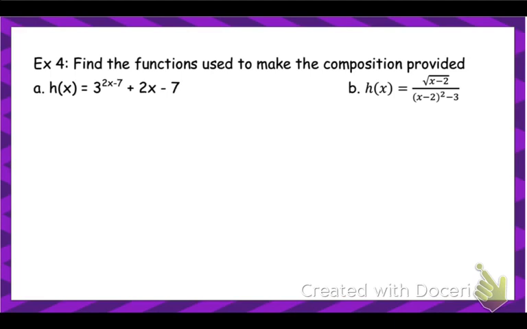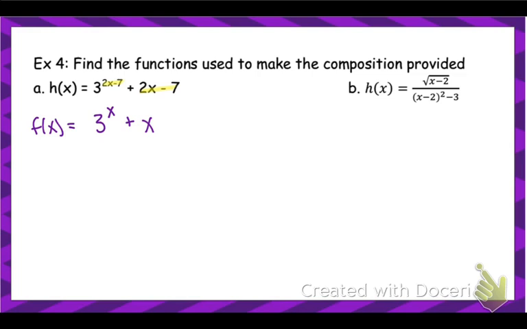So what we're going to look for is something common between these functions. What I notice here in this first one, I got a 2x minus 7 and a 2x minus 7. So that 2x minus 7 is going to be my x. So this is going to be 3 to the x plus x. So that we're going to call our f of x function.